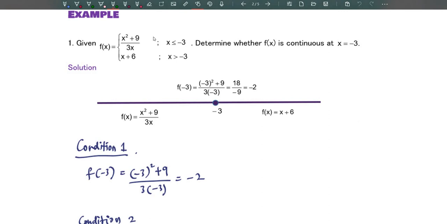Then here, you just write the function where we substitute the value of -3 to find the value at that point. How do we know which function to use for f(-3)? Here you need to refer to the piecewise function where the inequality has the equal sign.